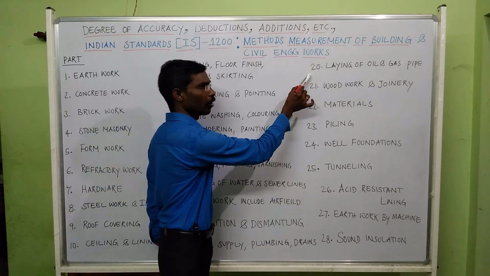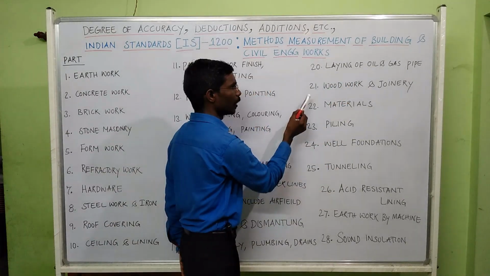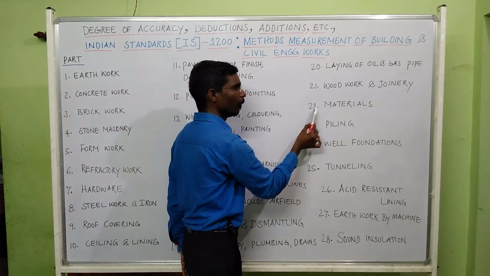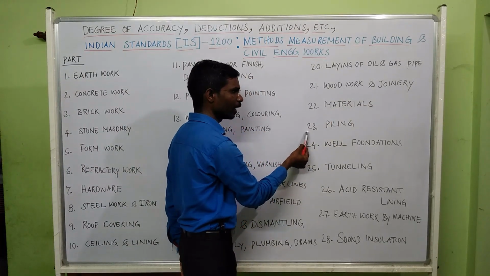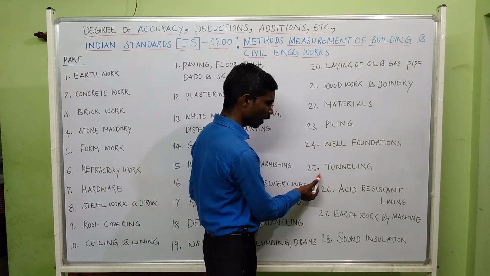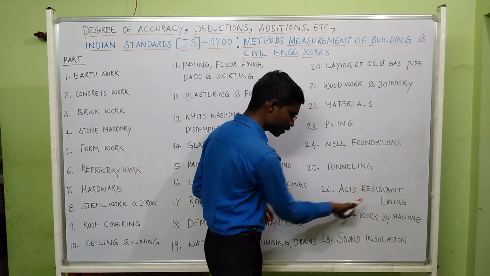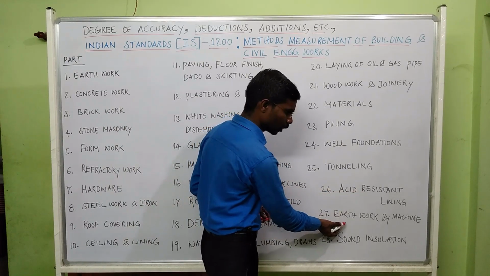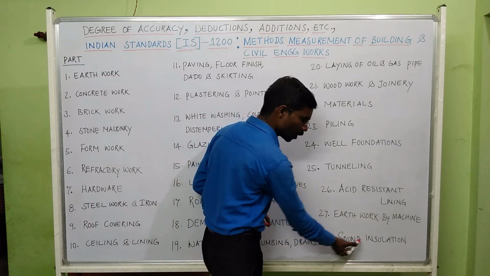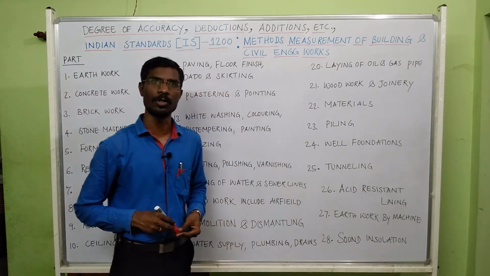Part 20 laying of oil and gas pipelines. Part 21 woodwork and joinery. Part 22 materials. Part 23 piling. Part 24 well foundations. Part 25 tunneling. Part 26 acid resistant lining works. Part 27 earthwork by machinery. And last, part 28 sound insulation works. So these are the 28 parts of IS 1200.